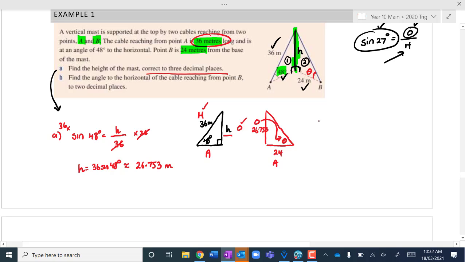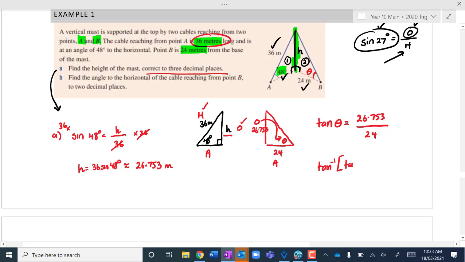So let's do that. We've got to do tan, don't we? TOA. SOHCAHTOA uses tan. This time we've got tan of theta is equal to opposite, which is 26.753, over the adjacent, which is 24. And likewise, if we're doing this the long way, we'd have to do the inverse tan of both sides.